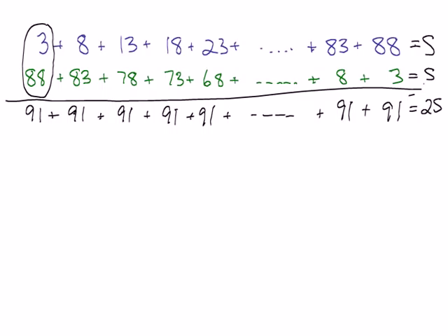So before we can finish figuring this out, we need to know how many terms are in this series. So let's think about this. If it were 3 plus 8 plus 13 plus 18, okay, so there's four terms. How would I figure that out? Well, I need to use the fact that the difference between consecutive terms is 5.